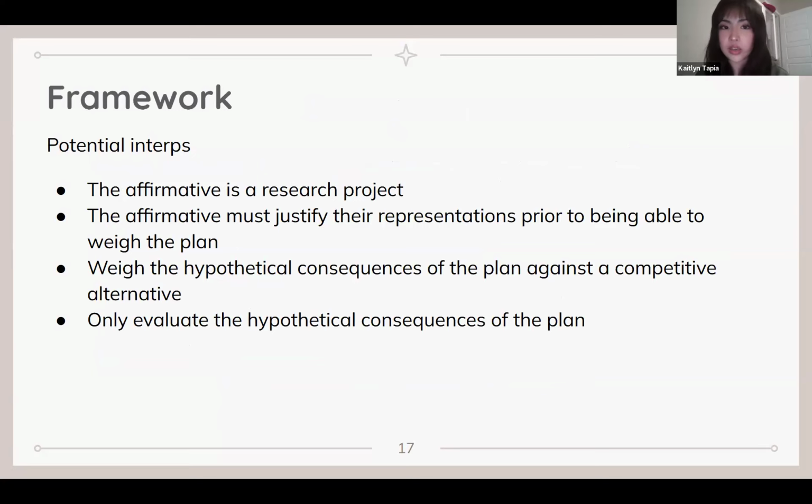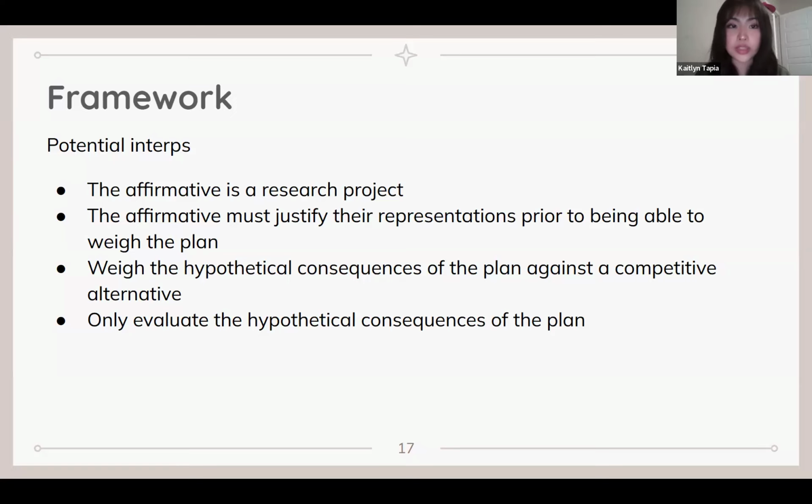But generally speaking, if the affirmative is a research project, that means that the work that the AFF did to put into their research project, right, the 1AC, should matter. And this is premised off the notion that the AFF had infinite prep to cut their 1AC. From the start of the topic release up until whatever tournament you're debating at, they had all of that time to research the literature of the affirmative and determine what cards they want to cut and to read the articles from which they got their cards.